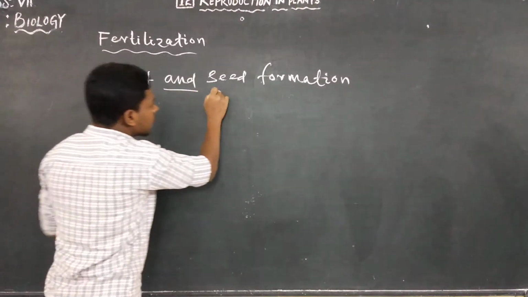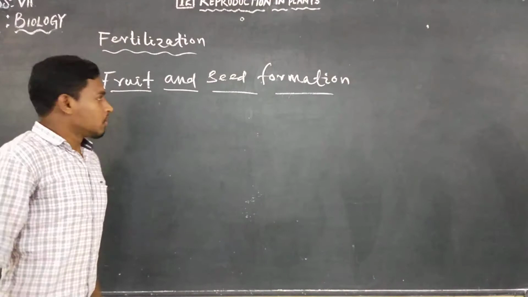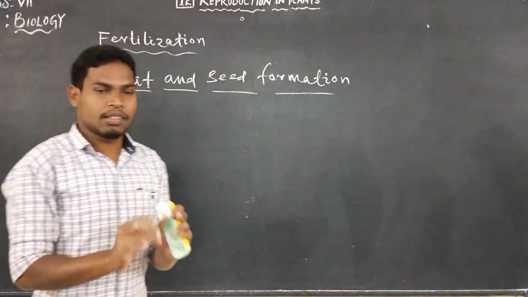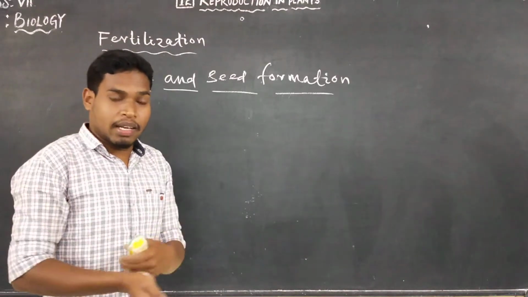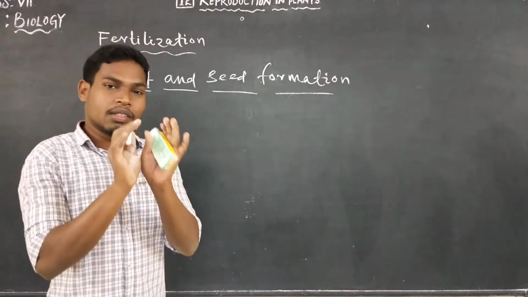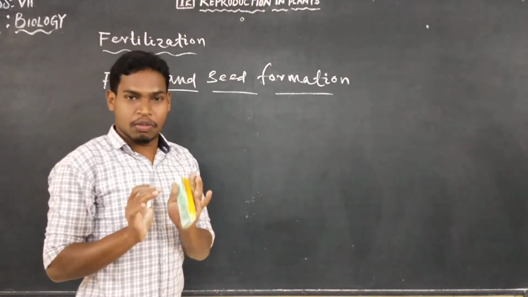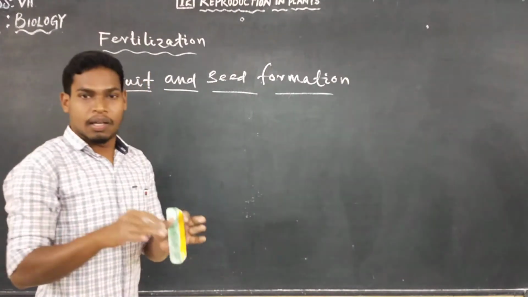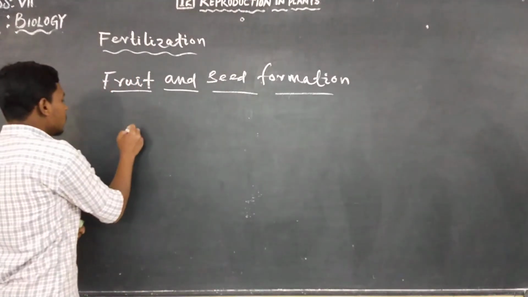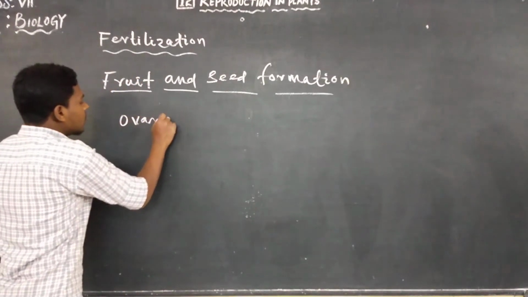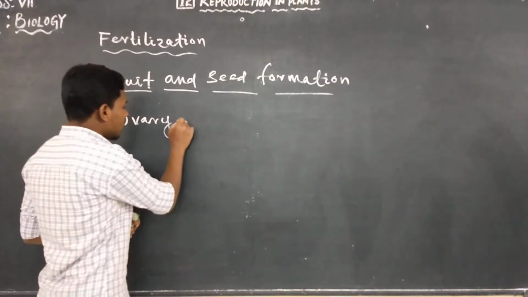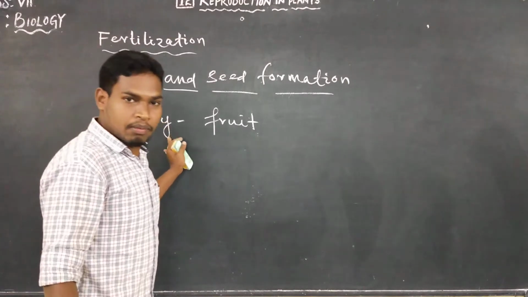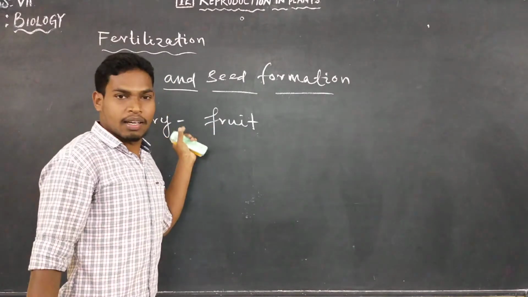After the fusion of male and female gamete, only the ovary is going to remain and all other floral parts are going to fall off. So that ovary is going to give rise to fruit. So fruit is formed from the ovary. That means fruit is a ripened ovary.